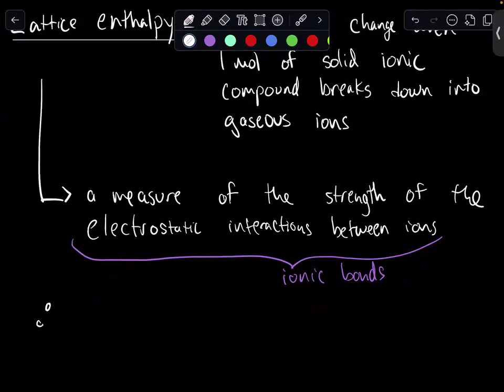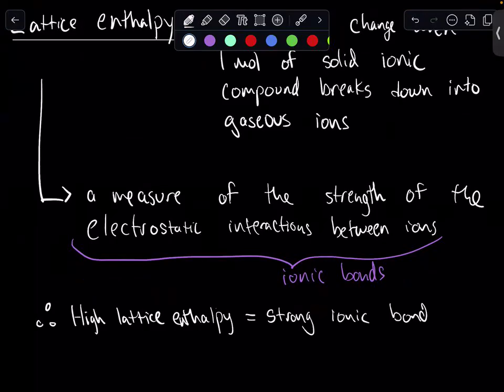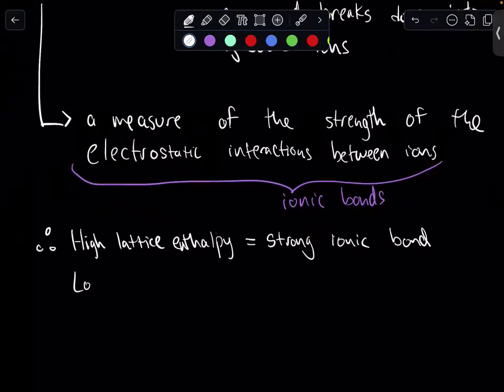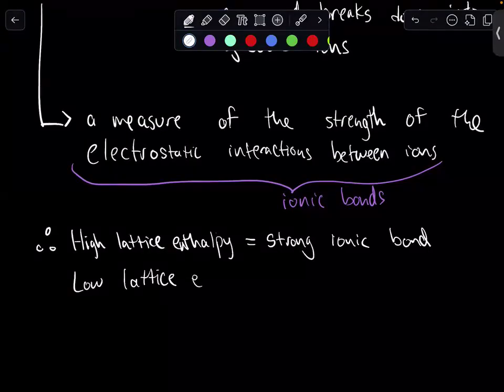So we can just reference this by saying, therefore, a high lattice enthalpy is the same as a strong ionic bond. A low lattice enthalpy is a weak ionic bond.